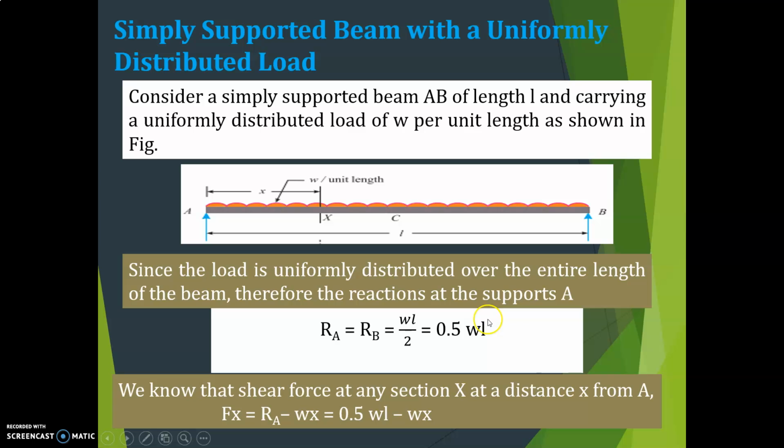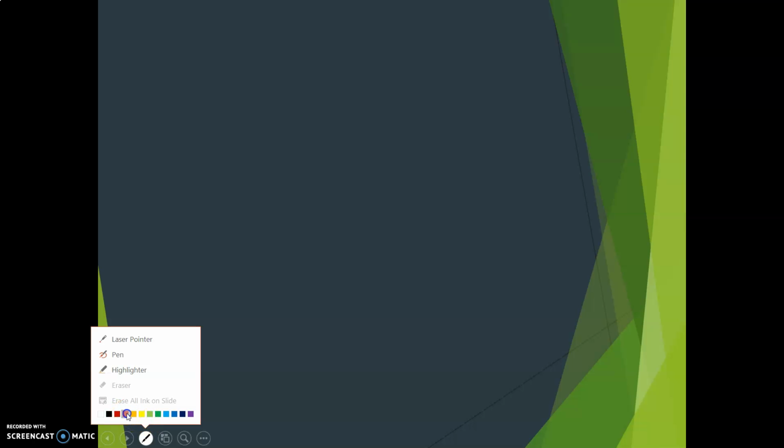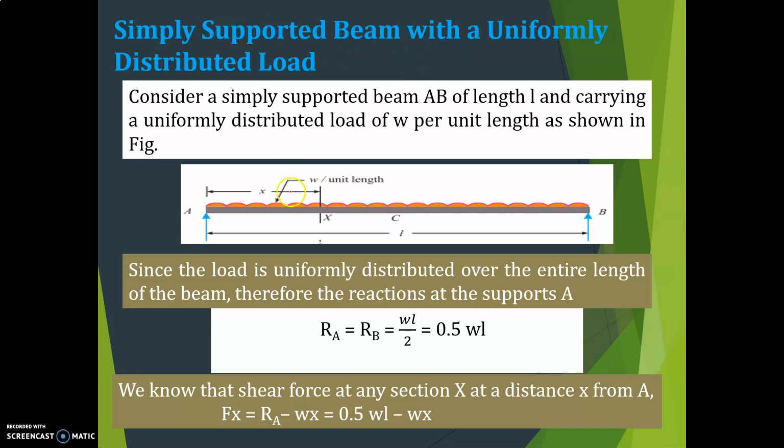Or you can find the reactions using the conditions of equilibrium. How? Summation of vertical forces is equal to 0. What are the vertical forces here? Both reactions RA and RB are in the upward direction, so RA plus RB, and minus W, which is acting in the downward direction.